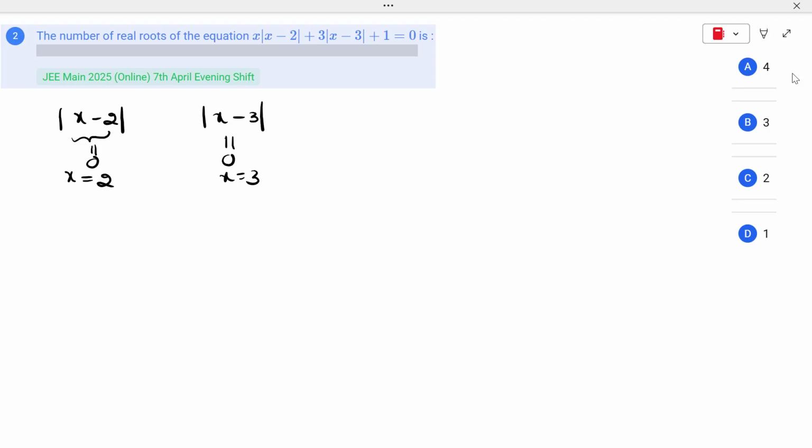Sir, how can I do that, sir? Now this is a number line, leftmost is minus infinity, rightmost is infinity. Now mark x equal to 2 and x equal to 3 approximately. So this would be x equal to 2 and let us say this is x equal to 3. Now it is divided into three regions.